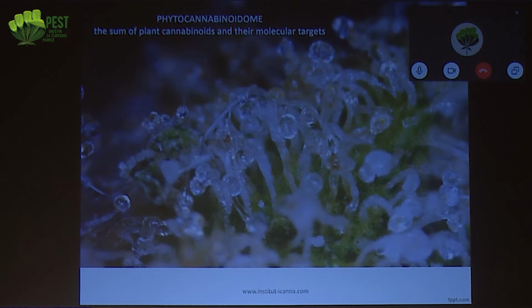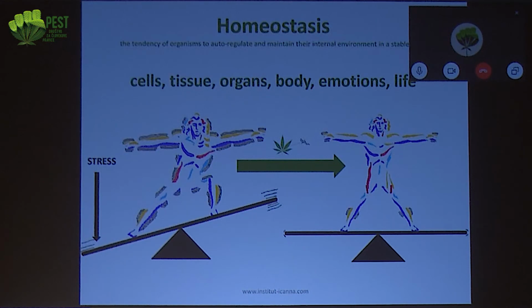The aim of all of these, either our own endocannabinoids or the phytocannabinoids we take in, is to ensure that our body, from the cellular level on, can function in the best homeostasis possible.